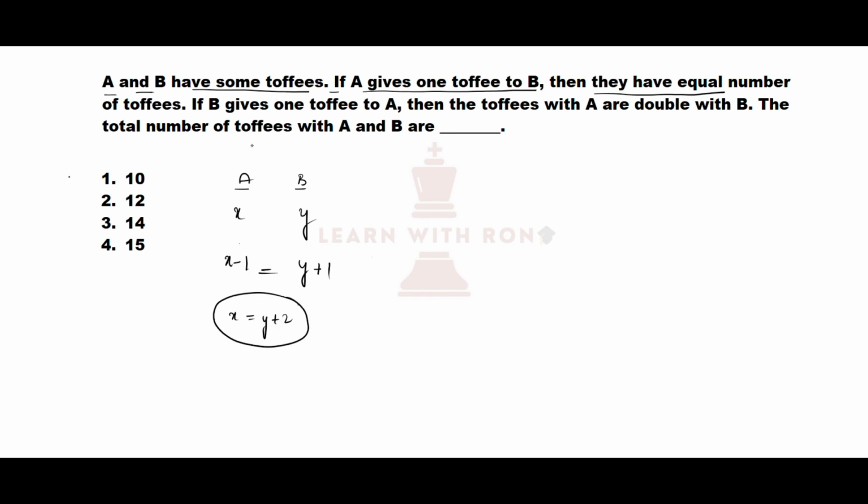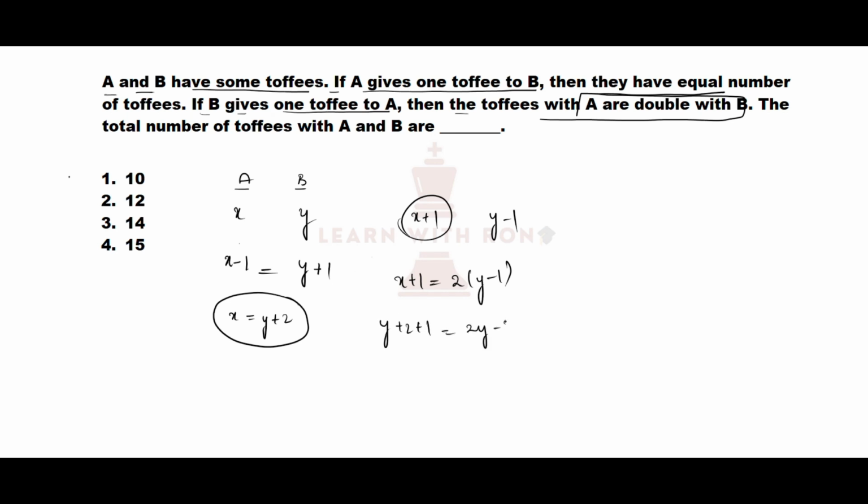Okay, let's see next. If B gives one toffee to A, then A will be with one more toffee and B will be with one less toffee. When this happened, the toffees of A are double those of B, meaning the number of toffees of A is equal to twice the number of toffees of B. So before we have X is equal to Y plus 2, substitute here: Y plus 2 plus 1 is equal to 2 times Y minus 1.